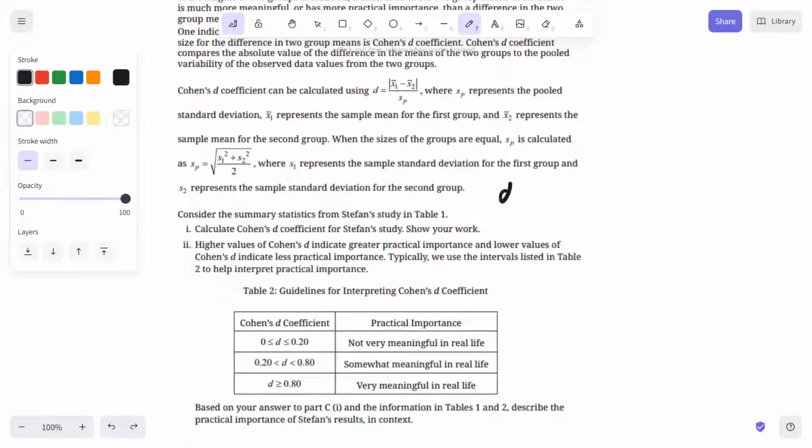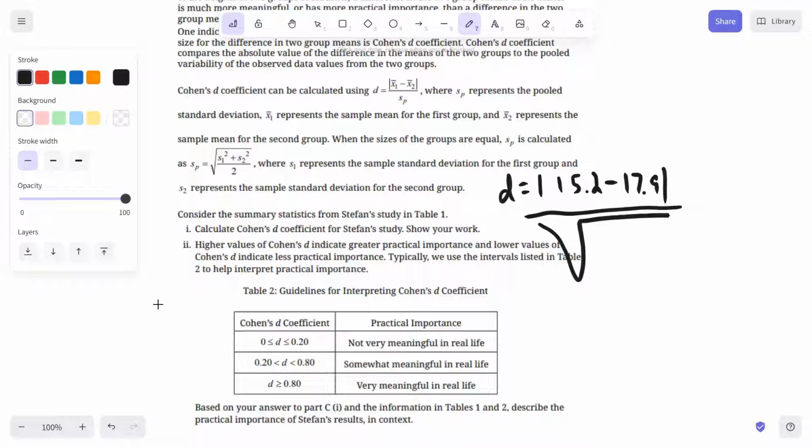So in this case, D is equal to the absolute value of 15.2 minus 17.9 divided by the square root of 4.12 squared plus 4.43 squared over 2. If you pump that into your calculator, you end up with 0.63. So all you had to do there was calculate Cohen's D coefficient, 0.63.